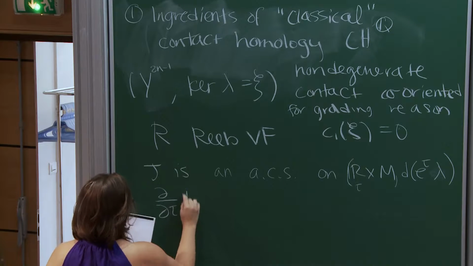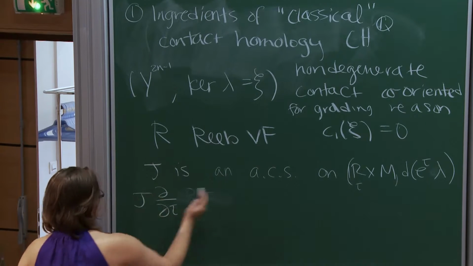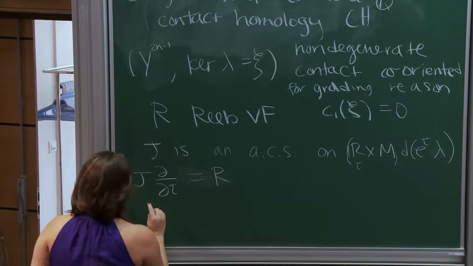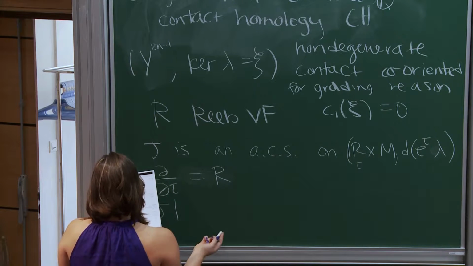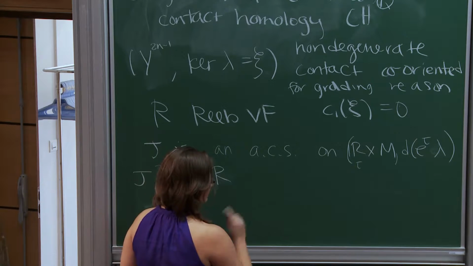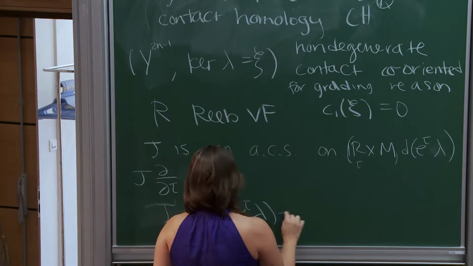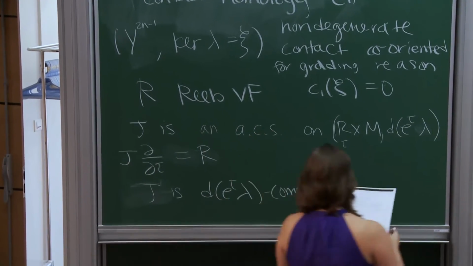So I have dτ, and J ∂/∂τ is going to be equal to R. And I want J restricted to the contact distribution to be dλ compatible.